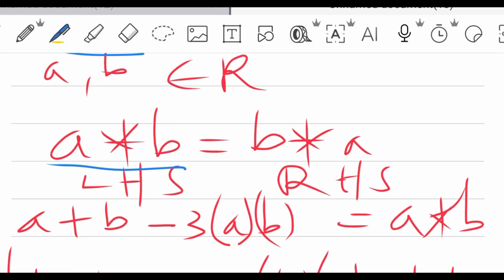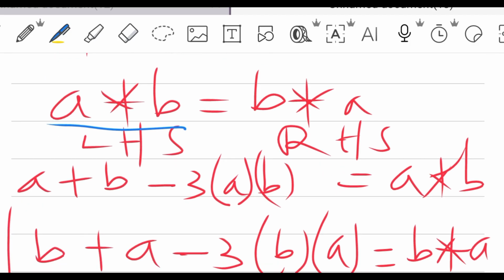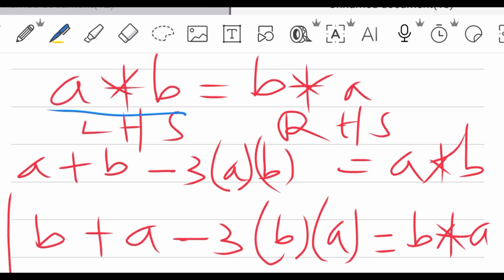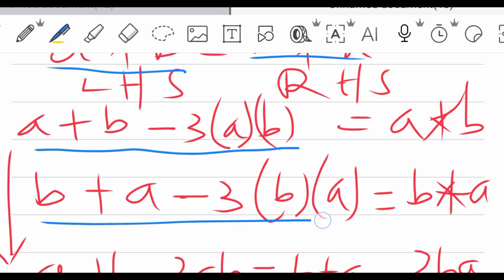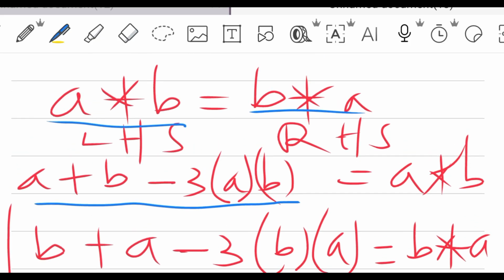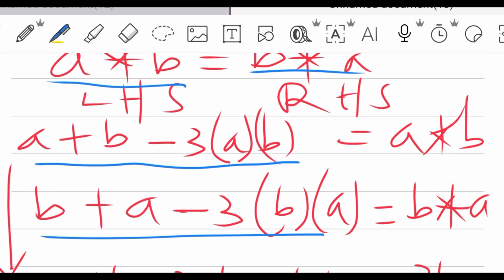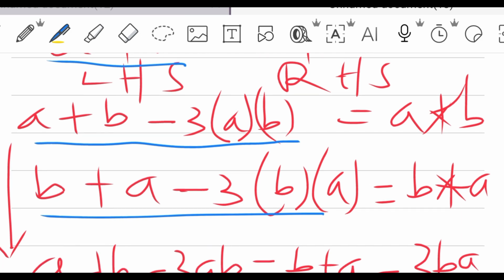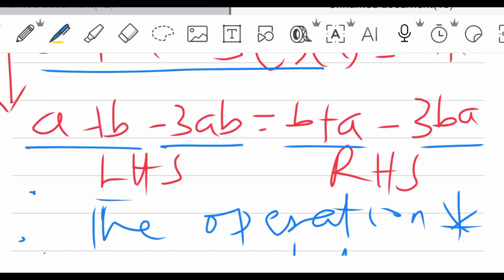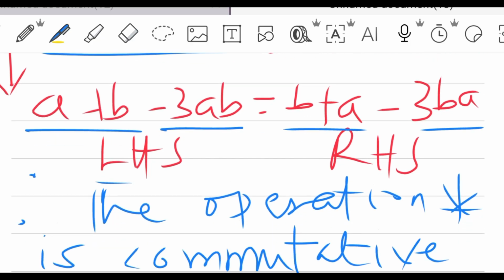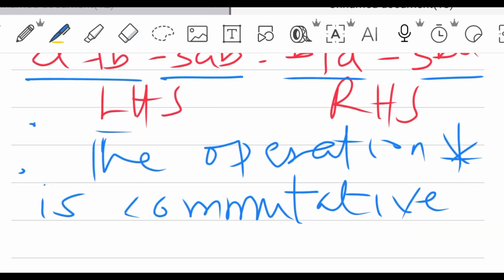The first one is assumed to be the left hand side, the second one the right hand side. So we expand the left hand side, which is our original rule, and then we also expand the right hand side, having the first term being second and the second term being first. And so we compare. If the left hand and right hand side are equal, then we see that the operation is commutative. Thank you for watching.